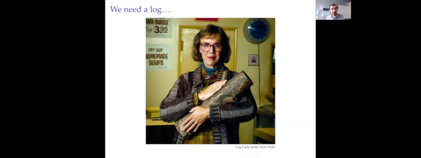Okay, so how do we cook up this log? Basically, we want a function on these numbers modulo P that obeys this property of the logarithm. So the first thing that comes to mind is we could just take the discrete log. This is familiar to quantum computing people because this is something that Shor's algorithm computes, so we could just try to use that.